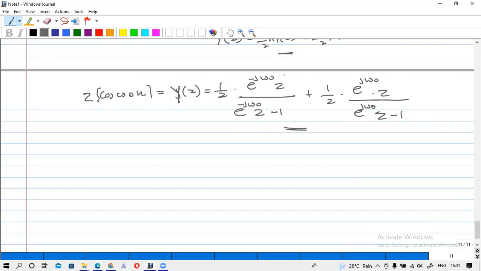I'm sure we can simplify this up to some level, but I'm not going to do that part. If you have written up to here, you will get the full mark also. We are not expecting your mathematical simplification ability.